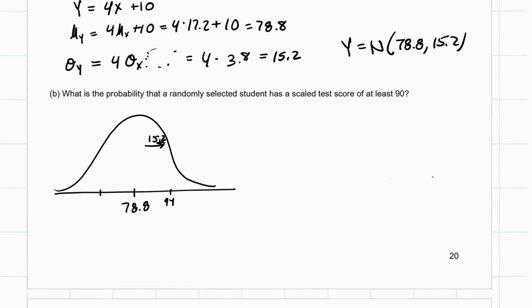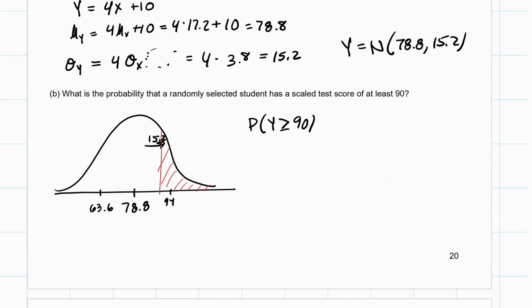Go one standard deviation down, and you're at 63.6. Again, that's 78.8 minus 15.2. It says, what's the probability that a Y value is at least 90? Well, let's switch over to this pen and draw a line where 90 is. That would be the amount in that tail.